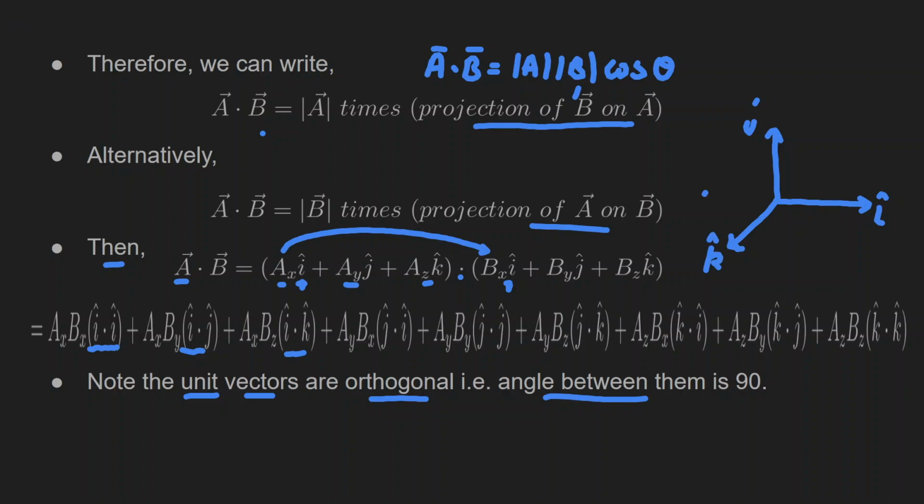So we have these unit vectors i, j and k, along the x, y and z coordinates respectively. The coordinates x and y are perpendicular to each other, the angle between them is 90. So if i and j are the unit vectors along x and y, the angle between them is 90. Similarly, the angle between i and k is 90. That is what orthogonal means.